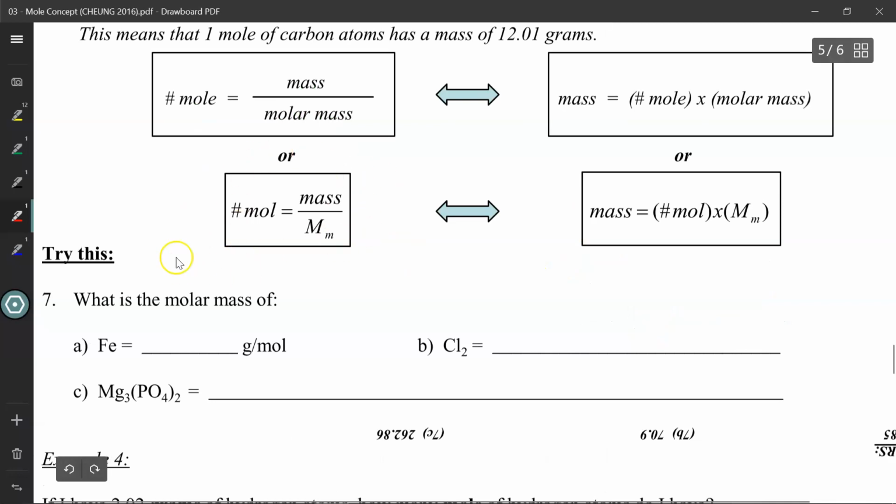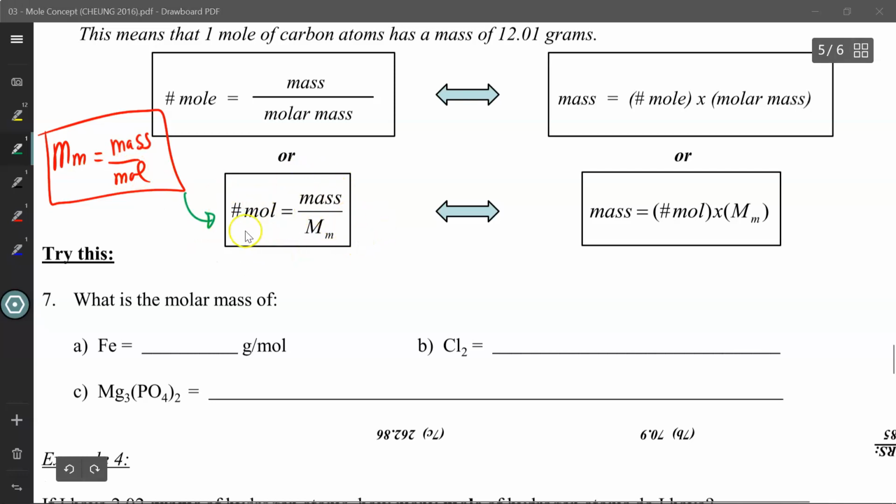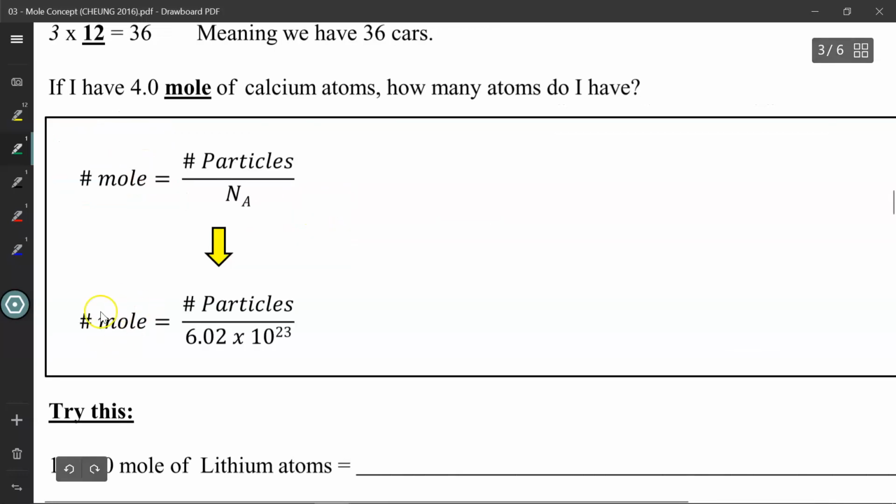And that's where we get this equation. The units for molar mass is measured in grams per mole, and grams is the unit for mass. I can then rearrange this equation into this. Now we have 2 equations for calculating the number of moles. Mole is equal to mass divided by the molar mass, and mole is equal to the number of particles divided by Avogadro's number. That is how important the mole is to us as chemists.